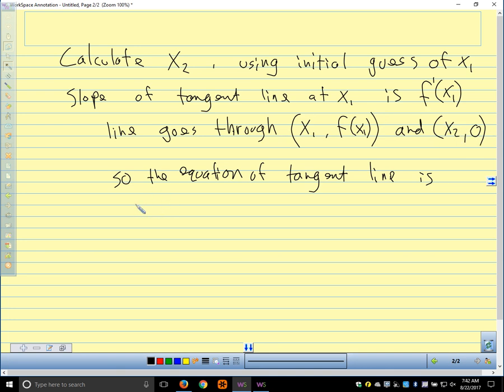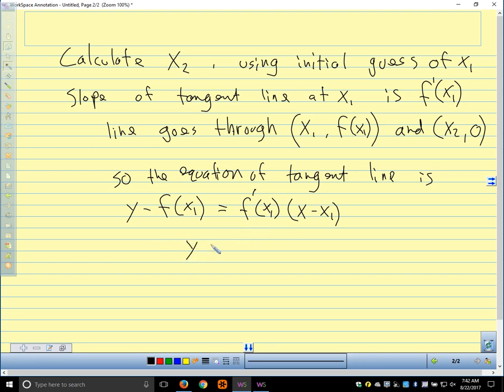So I'm going to say y minus f of x1 equals f prime of x1 times x minus x1 using point slope form. And then I'm just going to isolate y here, so let me rewrite this.